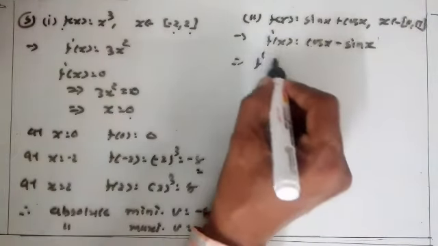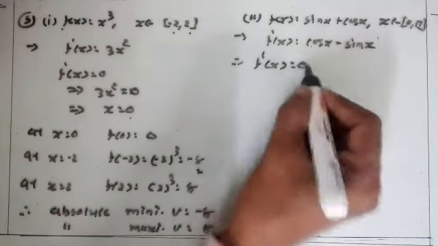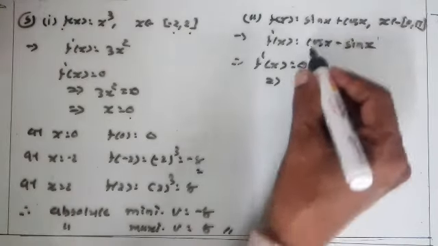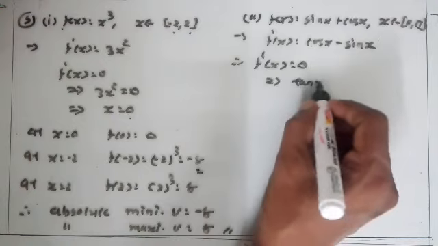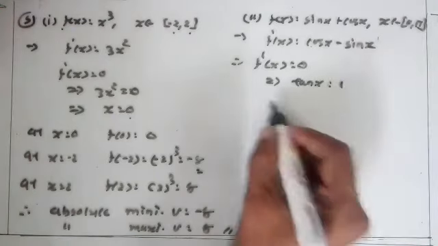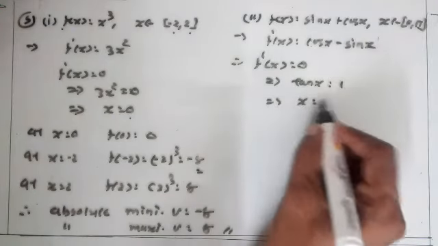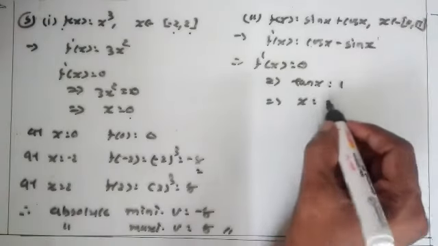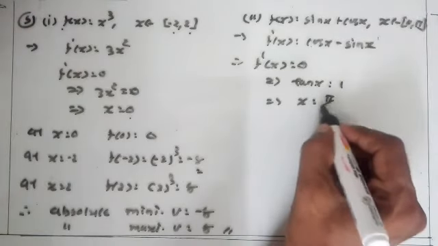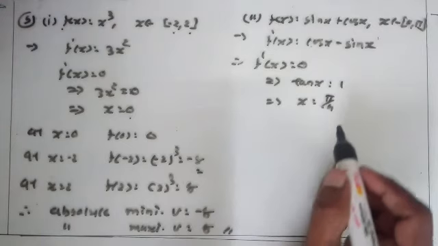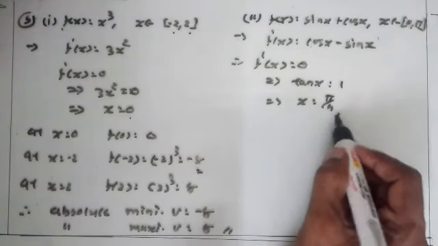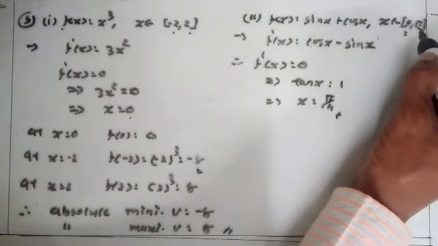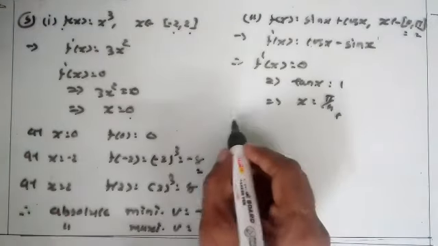Compare with 0: f dash x is equal to 0 implies tan x is equal to 1. So this implies x is equal to pi by 4, since x lies in 0 to pi. Okay, so here we get the value of f(x) at pi by 4, at 0 and at pi.